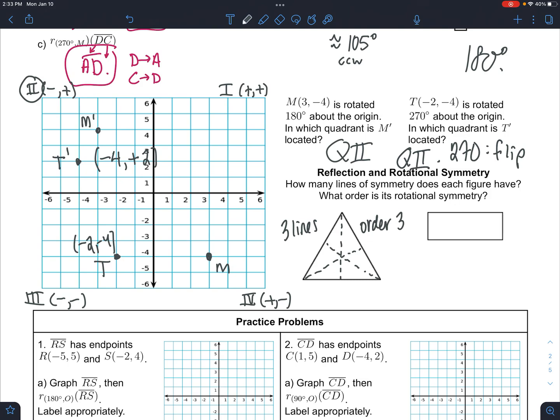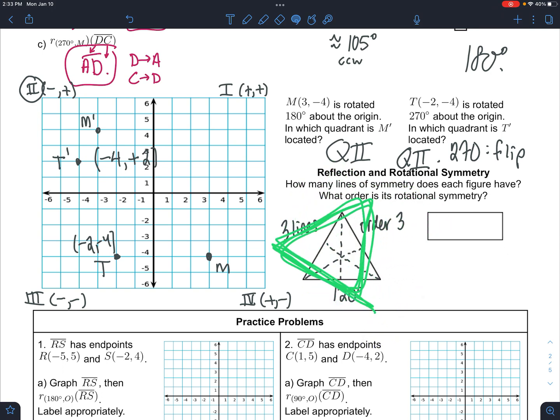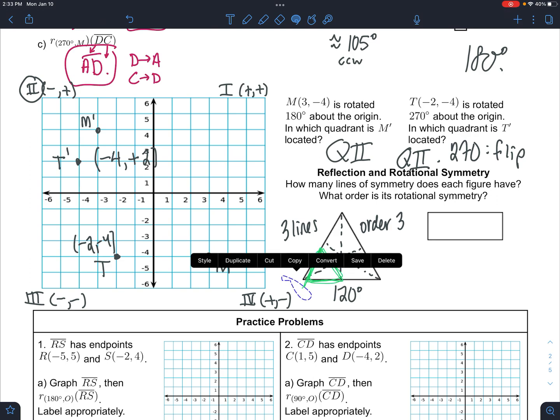So if we had that triangle and we rotated it 120 degrees, we land there. Then 240 degrees we land there, and 360 we land there.